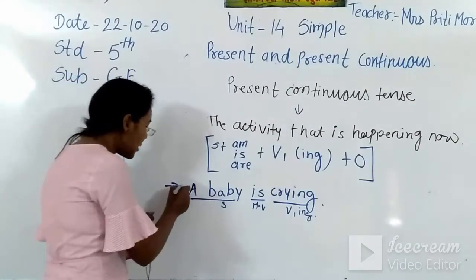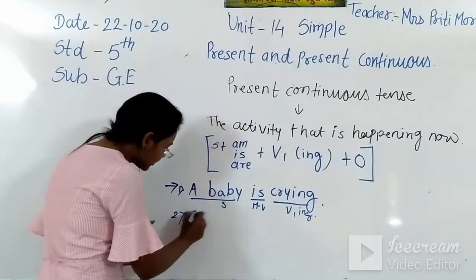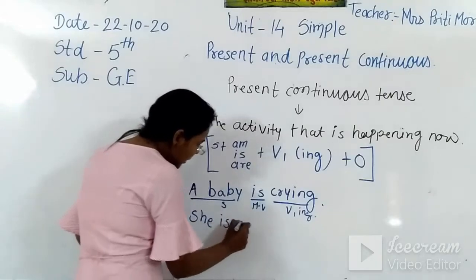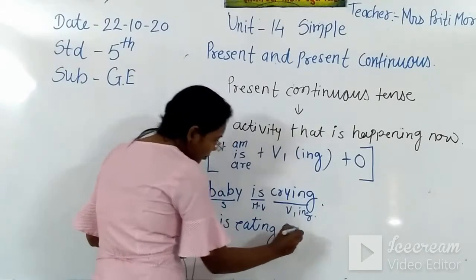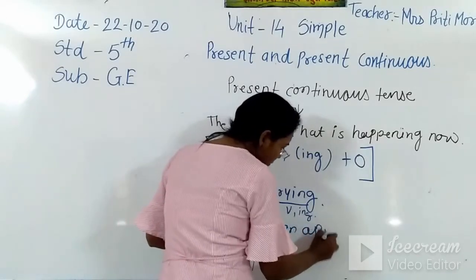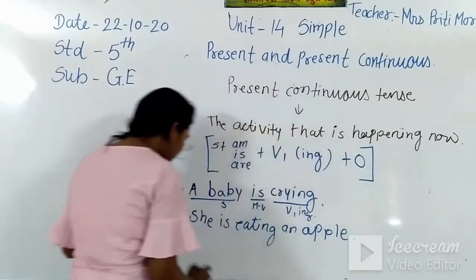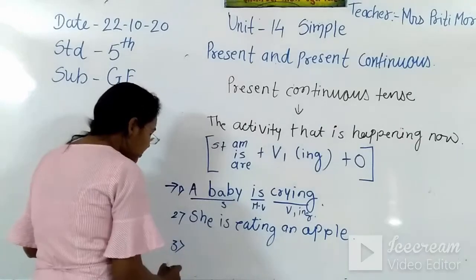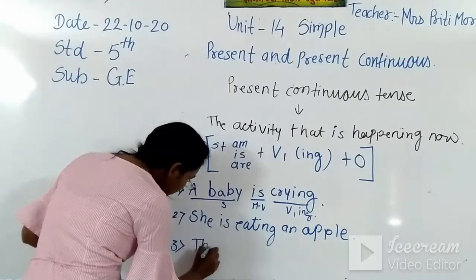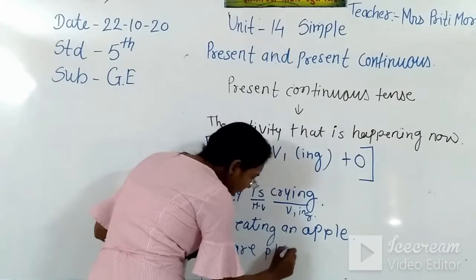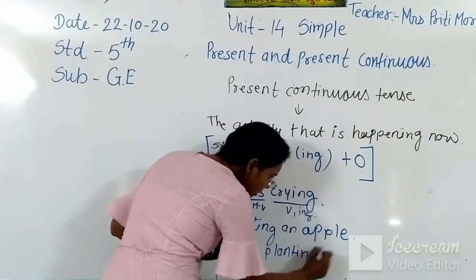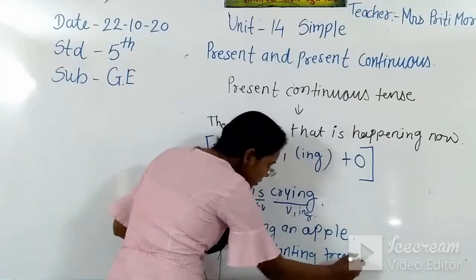Now, the second example I write: she is eating an apple. Three: they are planting trees.